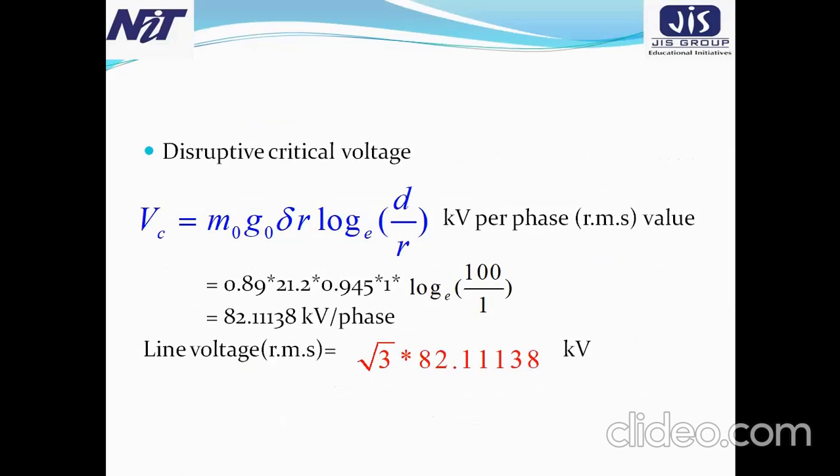After calculating, we find the disruptive critical voltage equals 82.1138 kilovolt per phase. So the line voltage RMS value will be root 3 into 82.1138 kilovolts. In this way, we can solve problems related to the disruptive critical voltage.